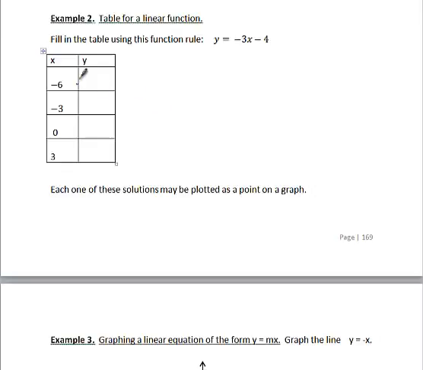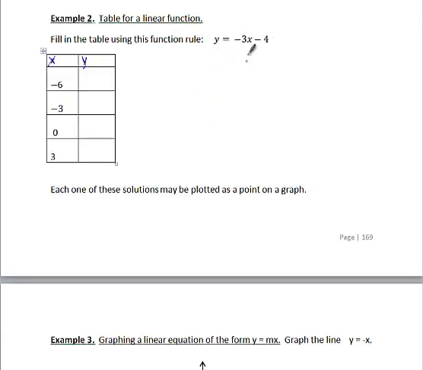A table just consists of 2 columns if we're graphing a linear function, and in 1 column we put x values in, and in the second column we put our y values in. And here we already have x values chosen for us, -6, -3, 0, and 3. And here we have our rule.